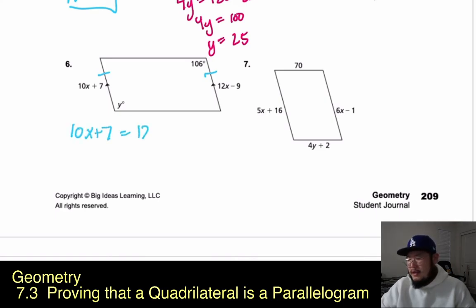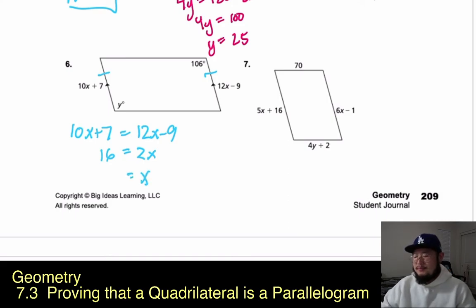And so we'll go ahead and solve. It works out because we have x on both sides of the equation. I'll subtract 10x from both sides, and I'll add 9 to both sides. And then we end up with 2x is equal to 16. Divide both sides by 2, and x is equal to 8.